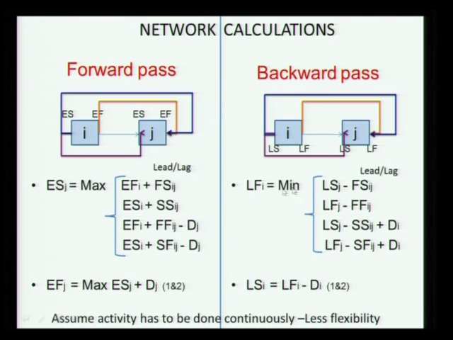A similar rule applies to the late finish for the backward pass and the late durations. Like we have written down here, assume the activity has to be done continuously, and when you assume the activity has to be done continuously, the flexibility of what you want out of a PDM is reduced.